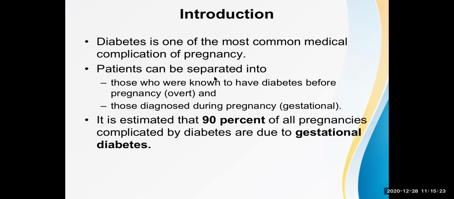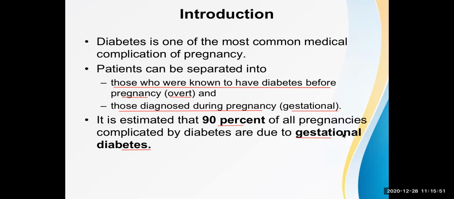Patients can be separated into those who were known to have diabetes before the pregnancy. They are known as overt diabetes or chronic diabetes. Both terms are correct. And those diagnosed during pregnancy are called gestational diabetic. It is estimated that 90% of all pregnancies complicated by diabetes are due to gestational diabetes.